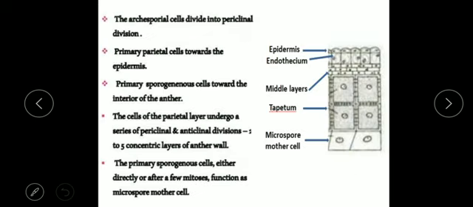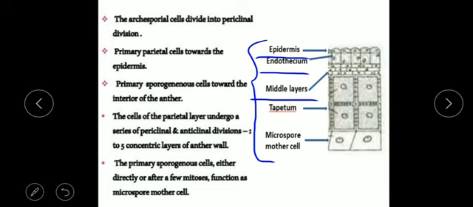Next is the arrangement of the different wall layers we just saw in the previous slide: epidermis, endothecium, middle layers, and tapetum. The outermost layer is the epidermis. Just inner to the epidermis is the endothecium, and then the middle layers, which means it is not a single layer, it is more than one.